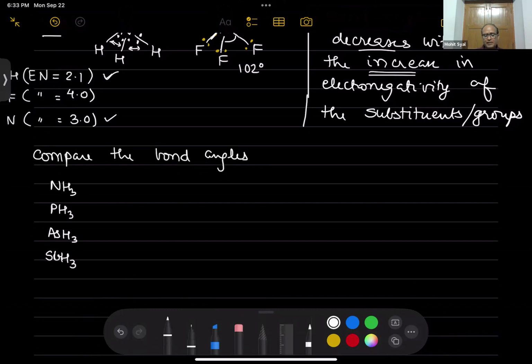The substituent is becoming bigger and bigger. NH3 looks like this. PH3 is like this. Why is PH3 bigger?